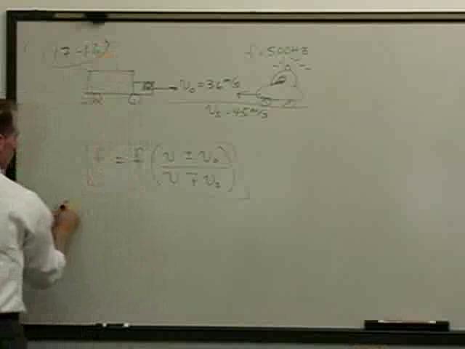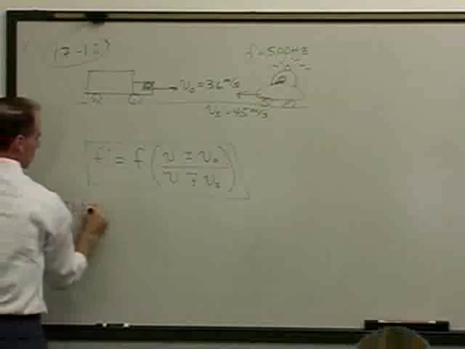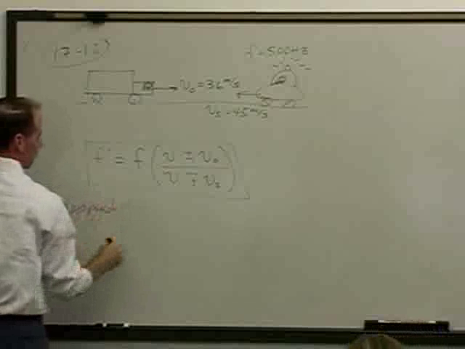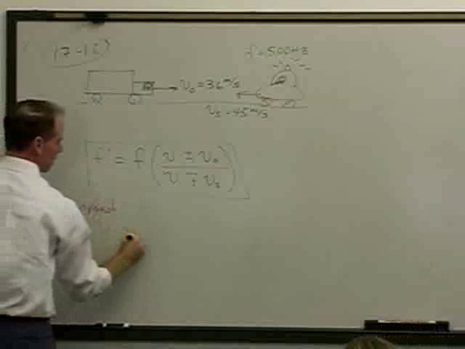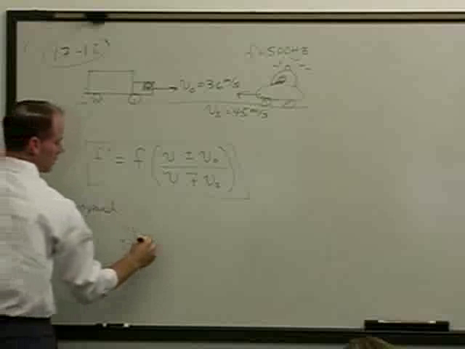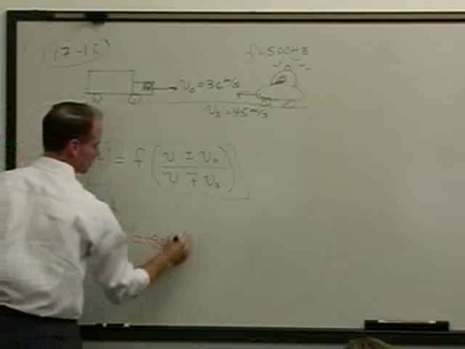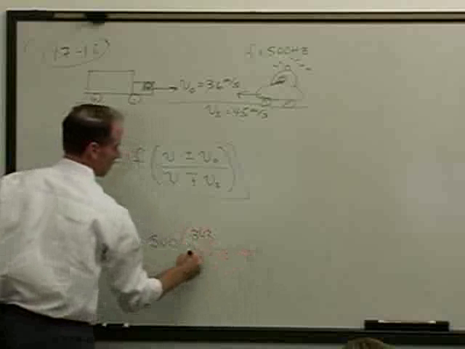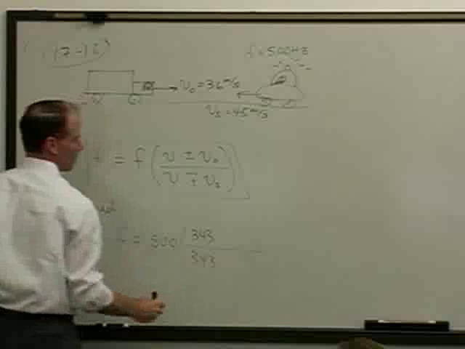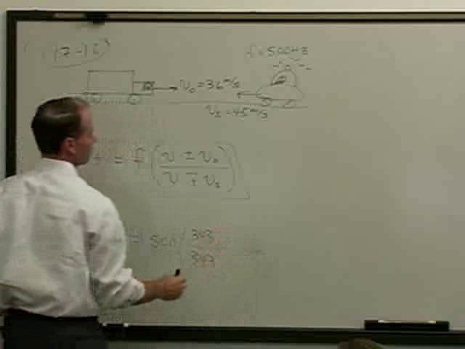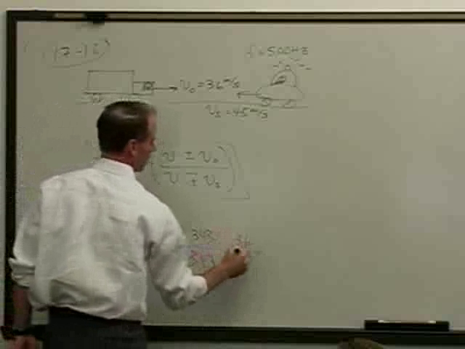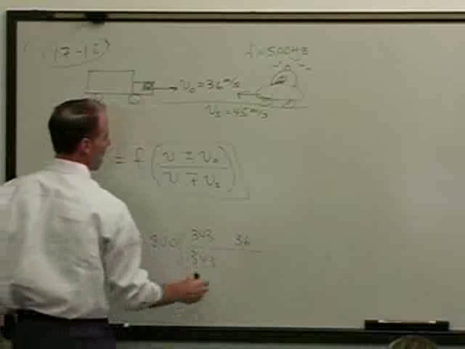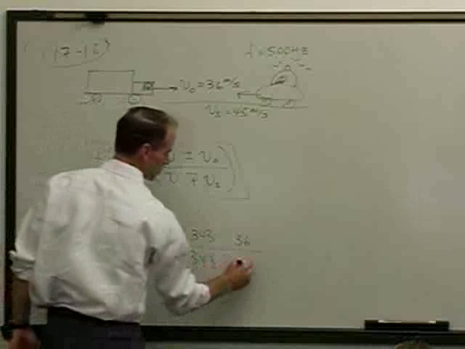So as they approach, we would have the observed frequency equals the actual frequency, 500, times velocity of sound, 343, plus or minus the velocity of the observer, which is 36, over the velocity of sound, minus or plus the velocity of the source, which is 45.